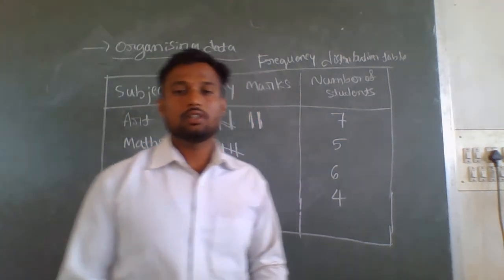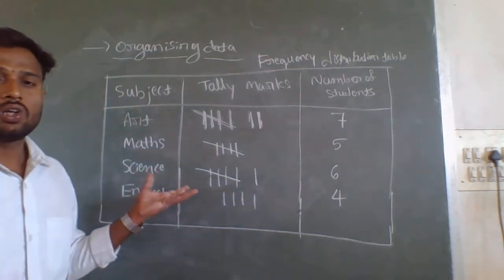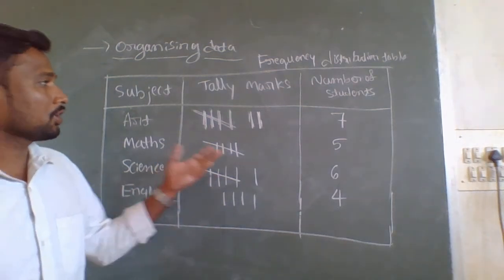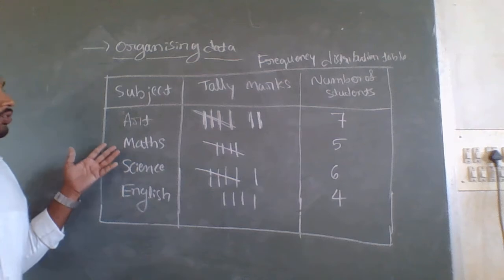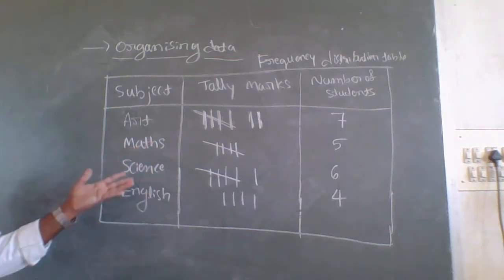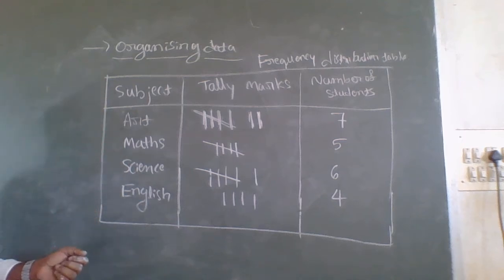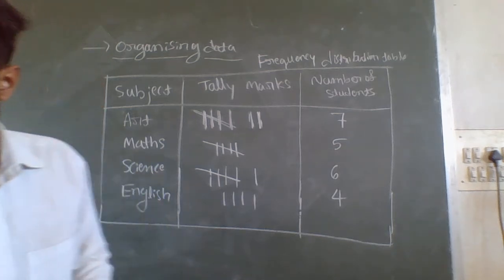But here the organized data gives particular information from unorganized raw data. So this is about organizing data. Now I will discuss grouping data.